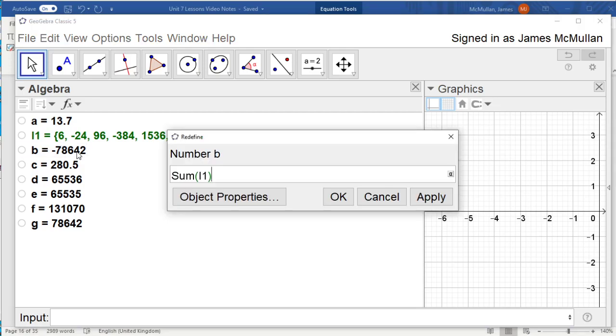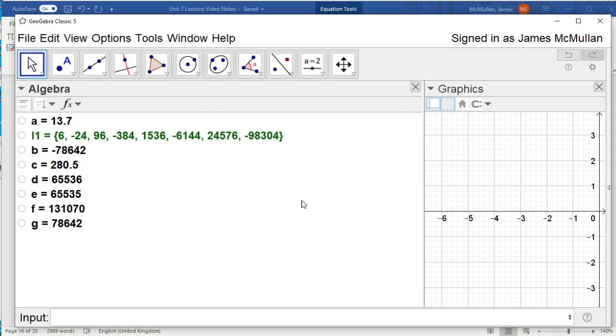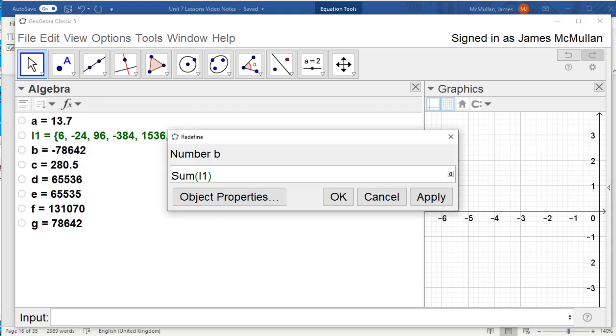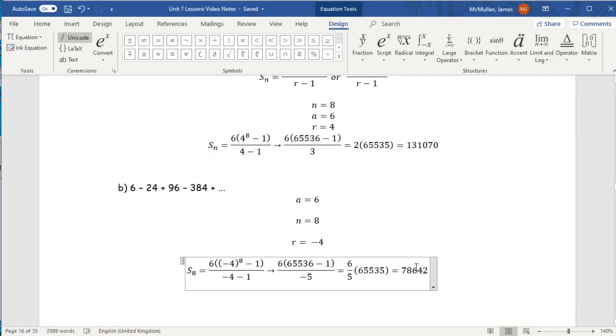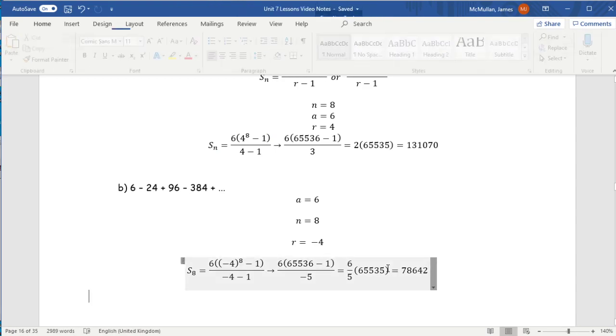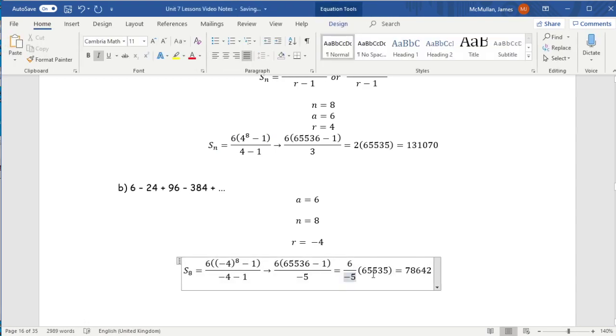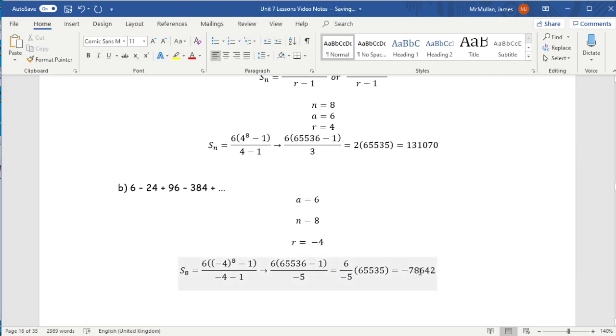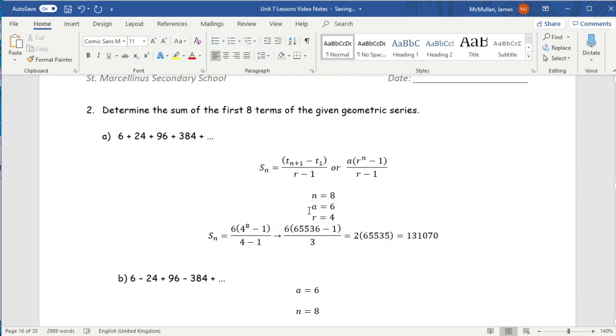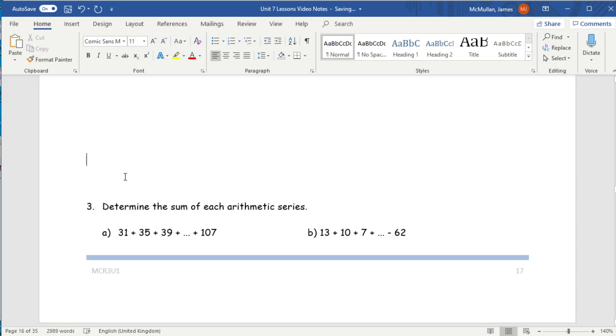And when you add up all those numbers, the sum is negative 78,642, because I forgot that the bottom part here, 6 over, this is still a negative number, right? So I just forgot to include that negative. So the sum is actually a negative here, because the last term that we looked at would be negative. Okay, so again, that's how that's done.